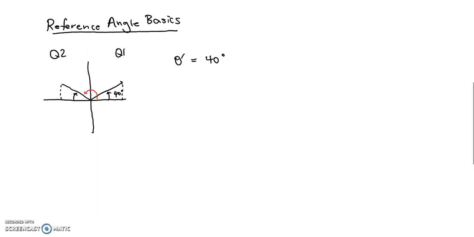So 40 is this, but the angle that we want overall is the red one. So in quadrant 2, the angle that corresponds is going to be 180 minus 40. See the red right there? We're going to take away the 40. 180 minus 40 would be 140.